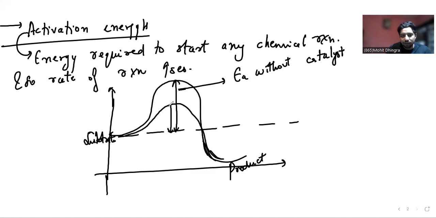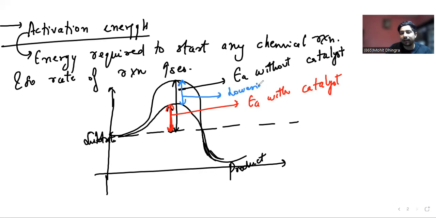Now this is the activation energy, the one which I'm drawing in red. This one is the activation energy with a catalyst. So this much activation energy has lowered. This which I have drawn in blue is the lowering in activation energy, this much activation energy has decreased.